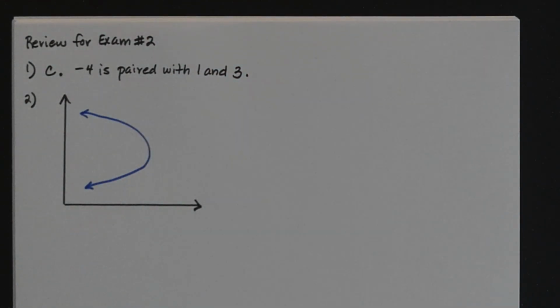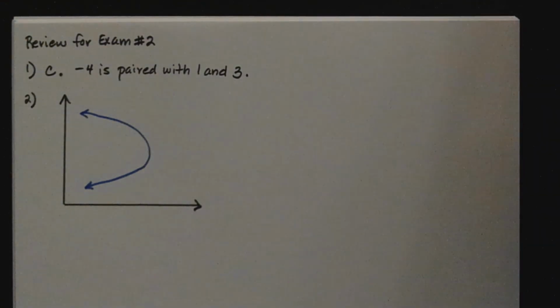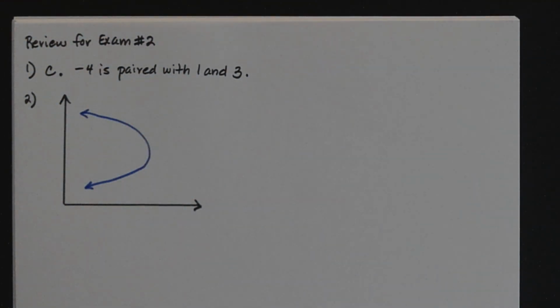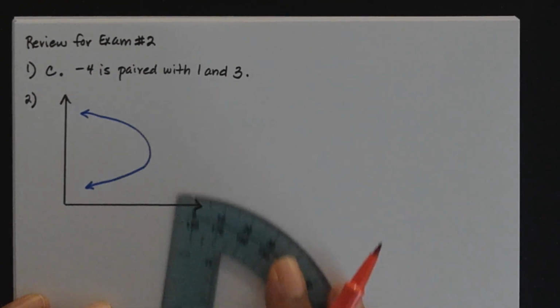When you use the vertical line test, that is used to determine whether or not that graph is a function. And when you draw a vertical line, if that vertical line crosses the graph in more than one place, then it would not be a function. So based on this, would this be a function if I was to draw the vertical line?